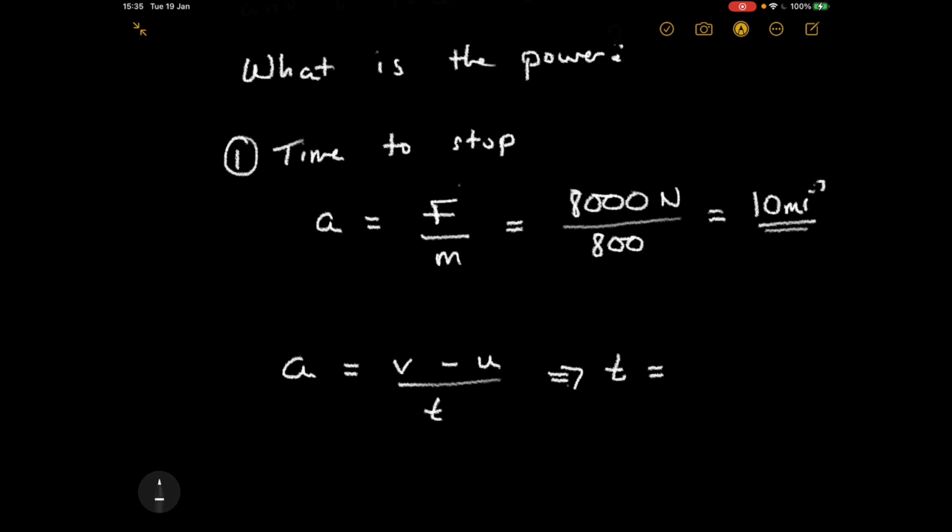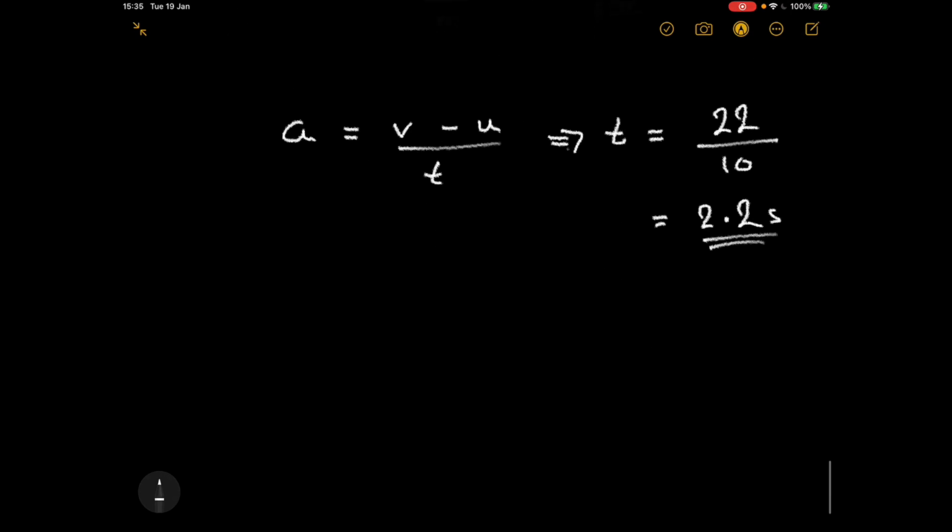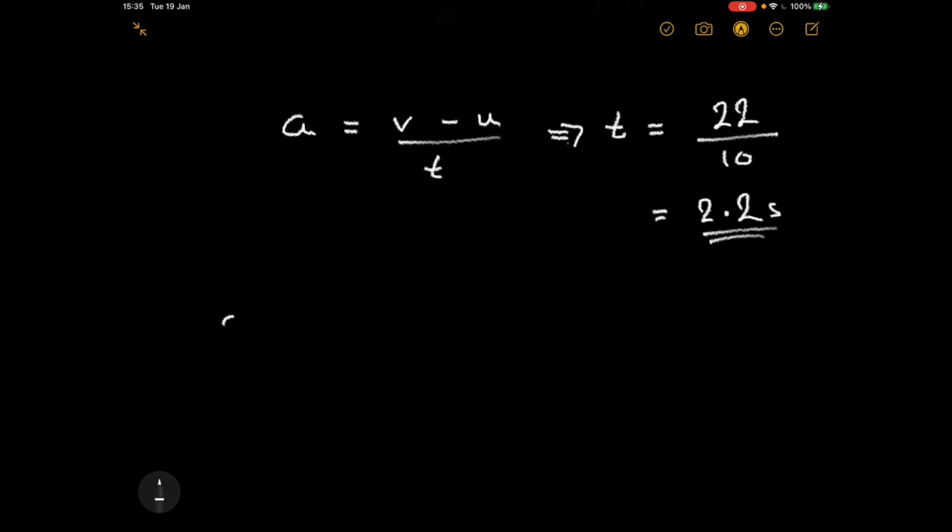So we say 22 minus 0 over 10, so we stop in 2.2 seconds. And so therefore we can say, well, the power is equal to work done over time.